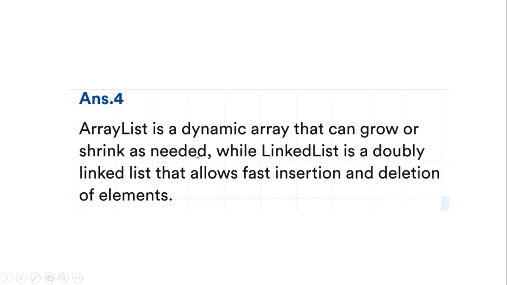ArrayList is a little bit slow compared to an array, but the advantage is that we can increase or decrease its size based on our need, whereas in an array we have to define a fixed size. If we define 10 blocks of size and then use 5, memory wastage will occur. While LinkedList is a doubly linked list that allows fast insertion and deletion of elements.